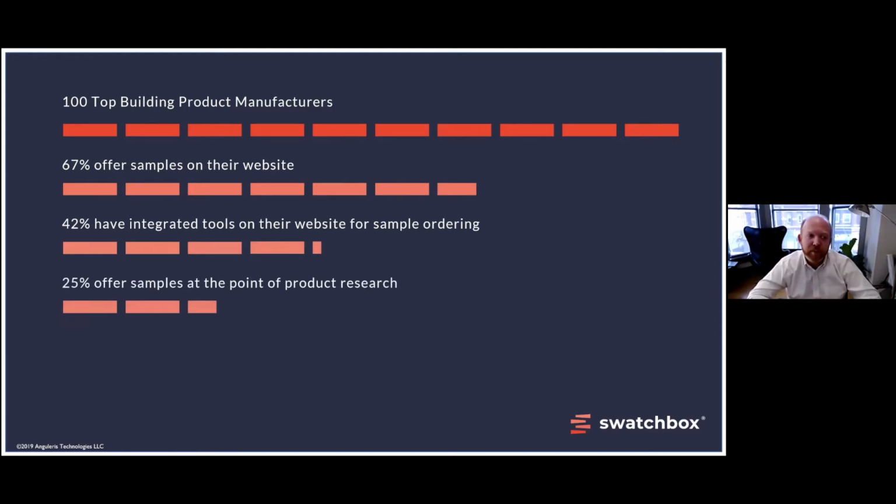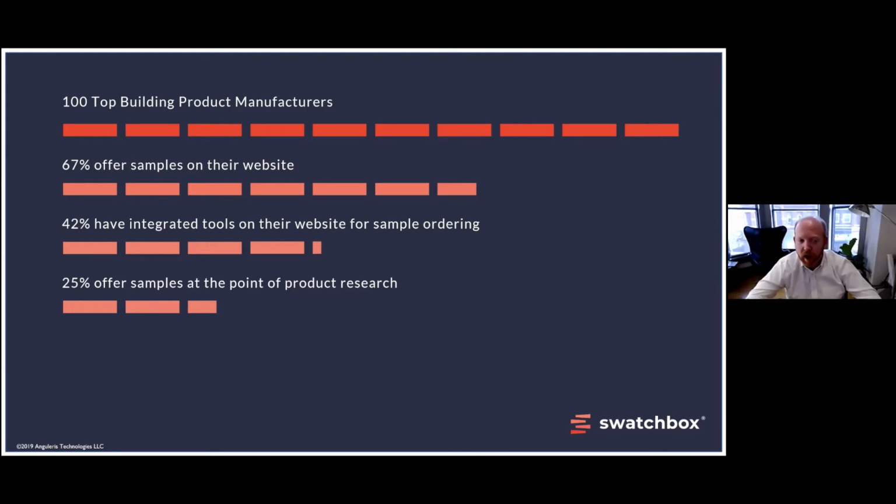Only 25% of the 100 actually offered samples at the point of product research. We define point of product research as the place where I've actually made the decision that I want that sample. A lot of people have a samples page, and that's fine, that's certainly one option.